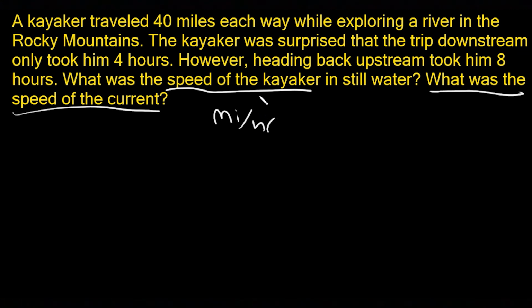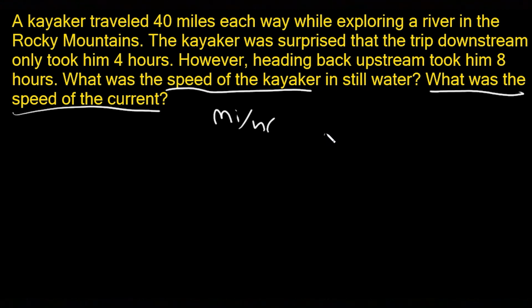So think about how you can set up an equation based on the units that you're given. And it's not very obvious, okay? But think about going downstream, okay? If you're going downstream, that is going to add to your overall speed, all right? So we know that we want to get the speed of the kayaker. We know that we want to get the speed of the current. Those are my two unknowns.